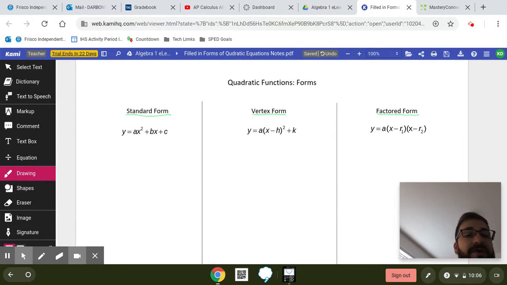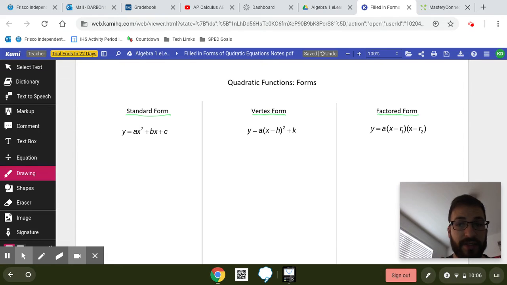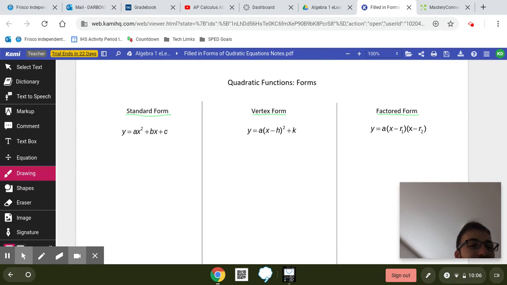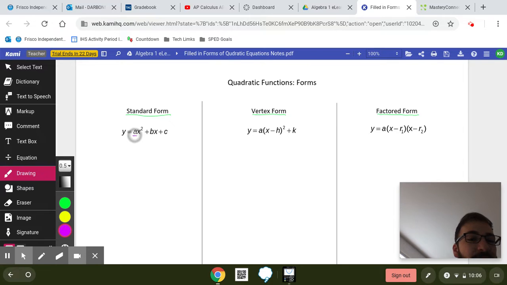So first off, let's start with our standard form. Our standard form is y equals ax squared plus bx plus c. And that's really what you've seen so far, where we have that x squared at the front, an x term in the middle, and then we just have a number by itself at the end. When it's in standard form, there's two key pieces that we can pull out. The first is our a value.